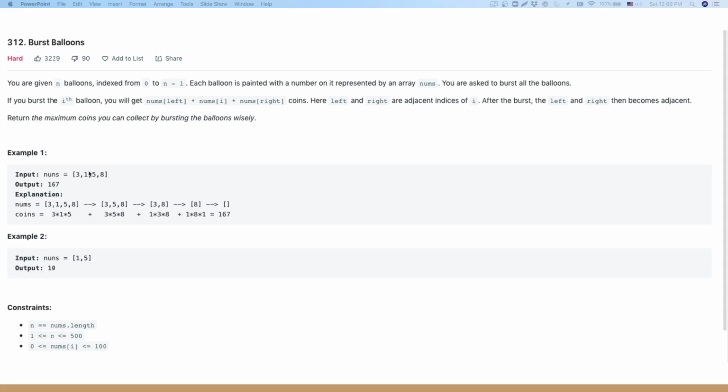And if we only have the coin 1 left, we also hit the base case, and we have 1 times the virtual boundary 1, so 1 times 1 times 1 is also 1. Respectively for 5 and 8, we get 5 and 8 because only that particular coin can be picked. The virtual boundary is always 1 on the left-hand side and right-hand side.